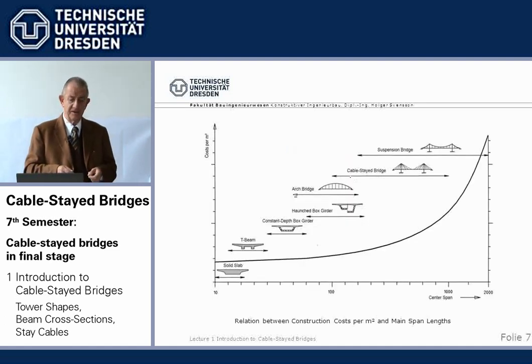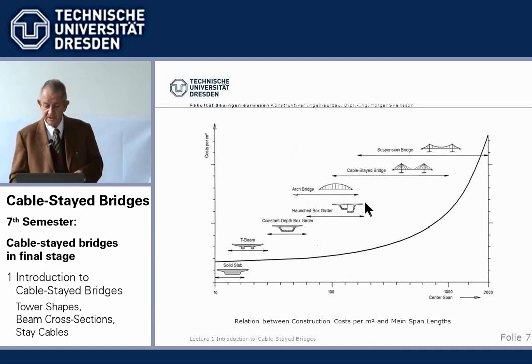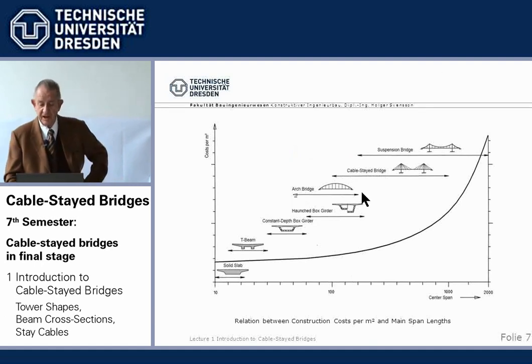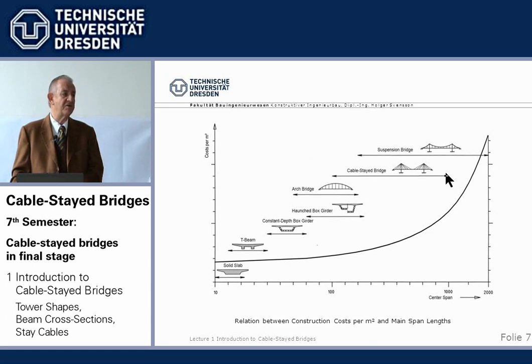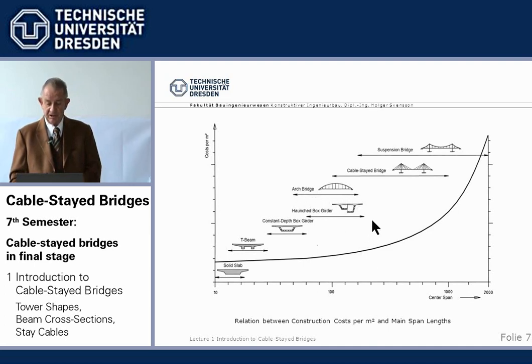Where is a cable-stayed bridge positioned in between the other bridges? Now, span ranges of cable-stayed bridges may go down low to, say, 100 meters with one tower only, and go up to over 1,000 meters. The world record now is 1,088. At the lower end of the spans, of course, there are arch bridges, and there are girder bridges, haunch, continuous beam bridges.